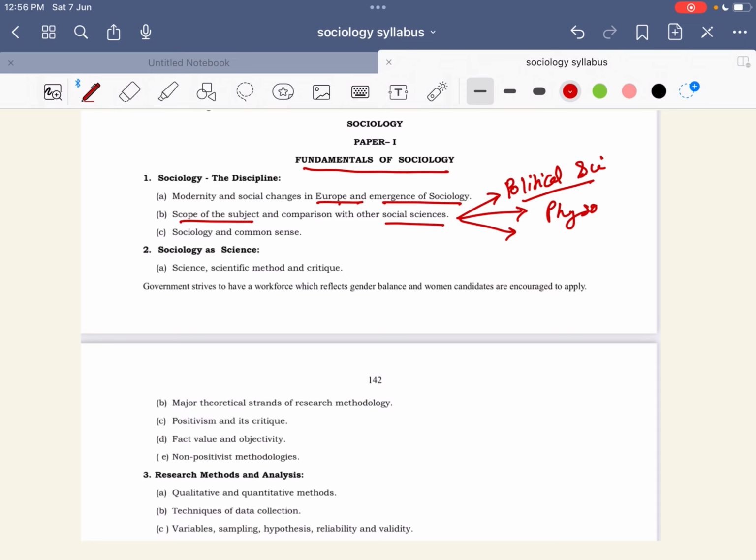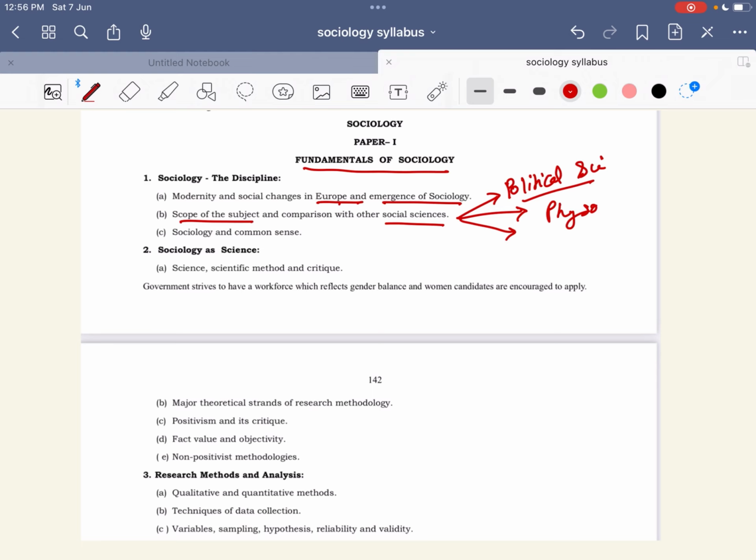sociologists, mainly all of them, are of this view that sociology is the mother of all other subjects or all other social sciences, let it be geography or anyone. All of them take the help of sociology as a discipline or as a mother.